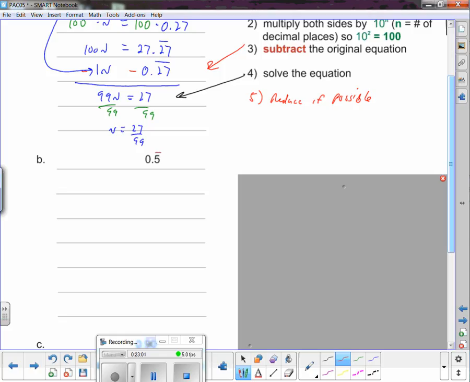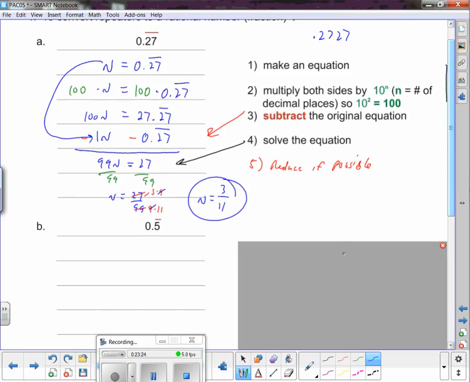All right, so what is a 27? It is a 3 times 9. What is a 99? A 9 times 11. Do you agree? So when we divide out our 9s, what are you left with? 3 11ths.